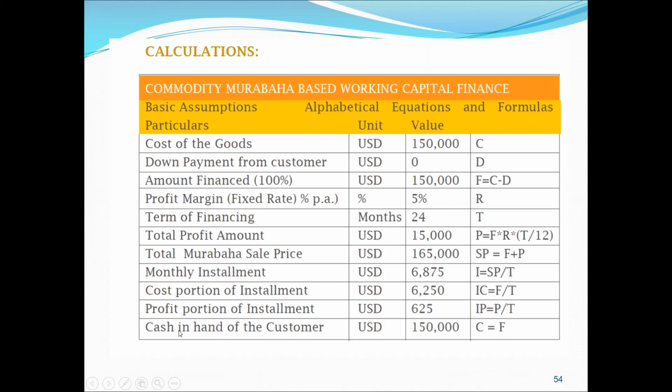When it says cash in the hands of the customer, it means here, guys, that the customer doesn't get the cash, but gets the product that the Islamic Bank purchased. But it's equivalent, like he will get the cash. He will get the product itself, and he will use that product. But he will get it for the price of 165,000.